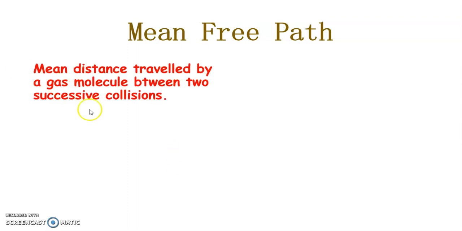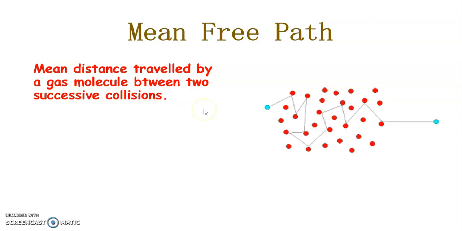Next is the term mean free path. It is a very important quantity regarding gases and is defined as the mean distance travelled by a gas molecule between two successive collisions. That is, a gas molecule travels some distance and collides with another molecule, travels some distance, collides, and so on.